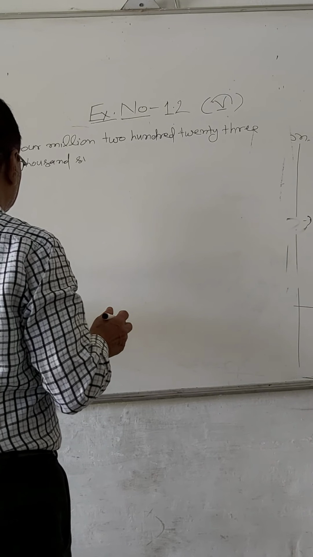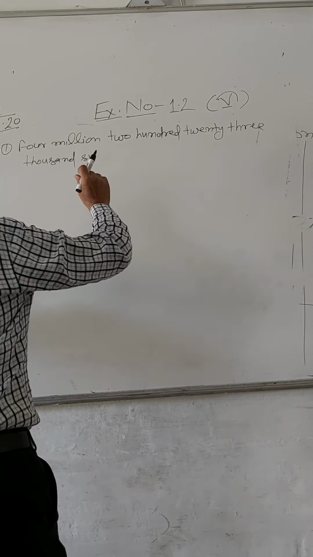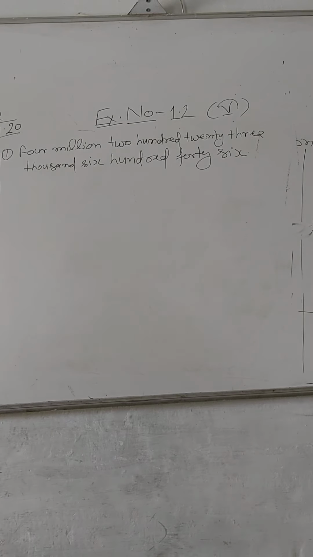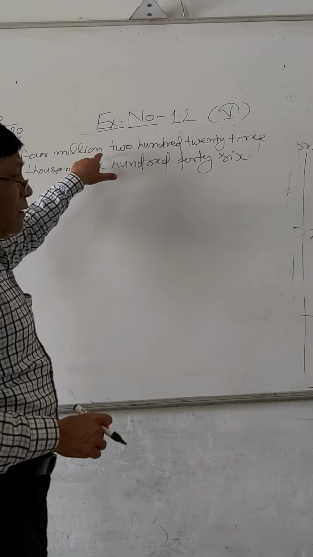4,223,640. 646. Now write this number. So this number is 4 million.